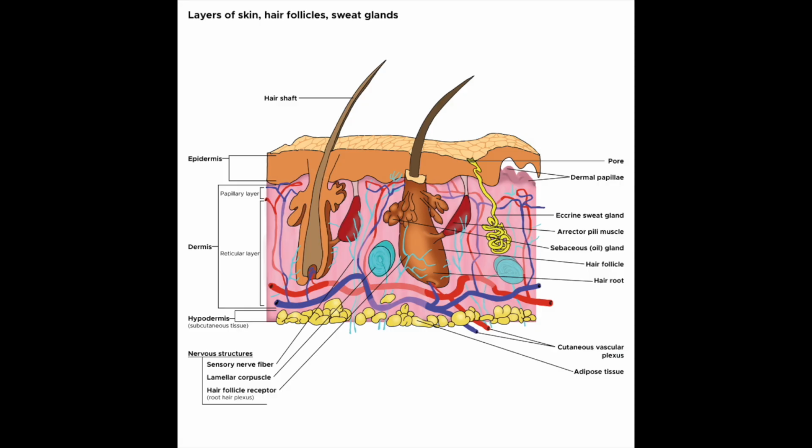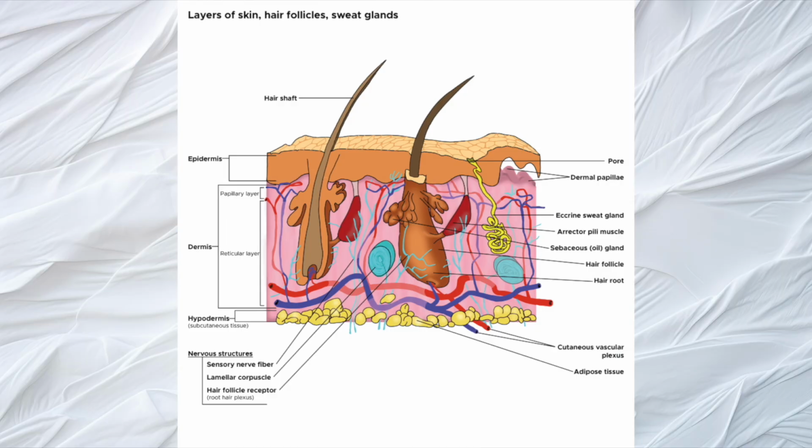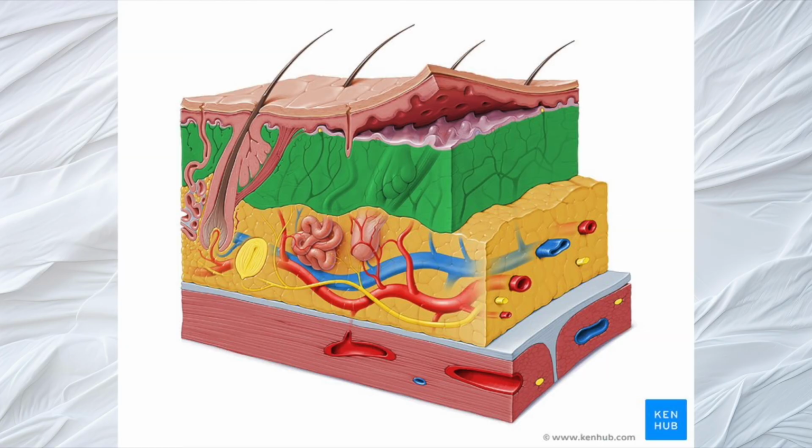Next, catagen. Transition phase. This is a brief regression phase. What happens is cell division stops, the lower part of the follicle shrinks, the hair matrix disappears, melanin production stops, and the dermal papilla detaches from the hair bulb.